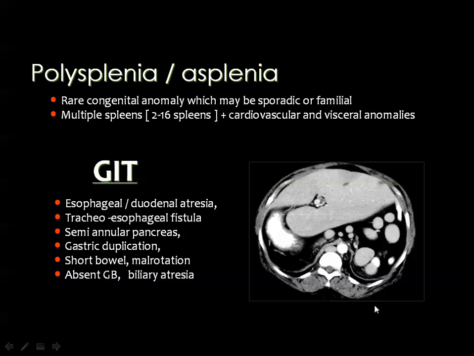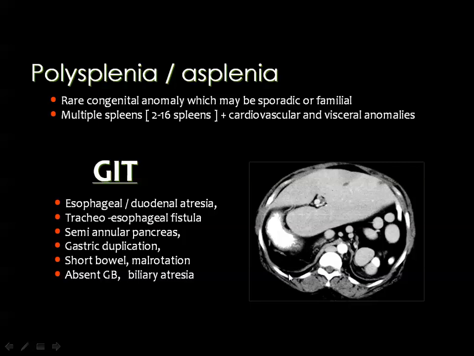In this condition, there are two other major almost fixed abnormalities in the patient. Number one, the abnormal position of the liver, which may be in the middle of the abdomen, what we call situs ambiguus, and the absence of the inferior vena cava, which is replaced by or continued by the hemiazygos vein.